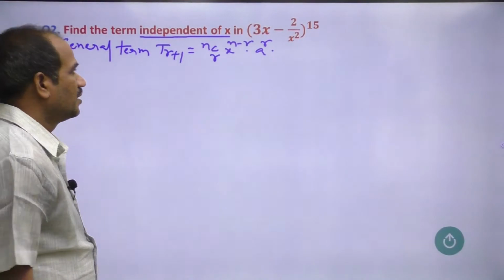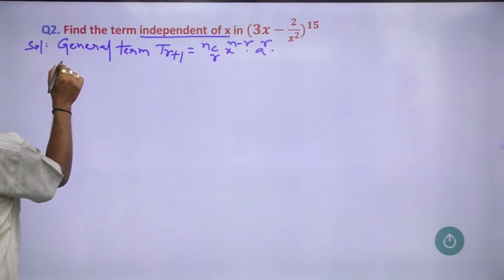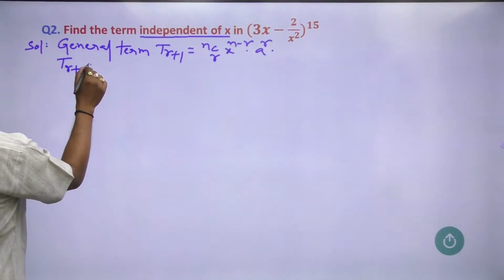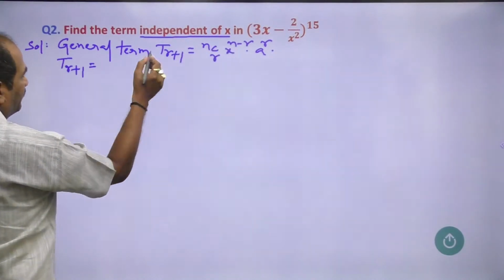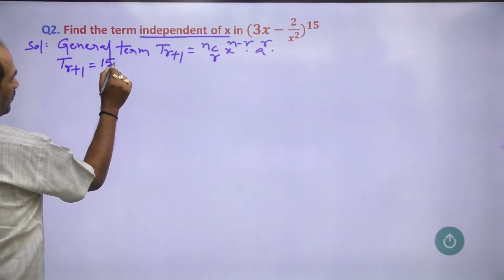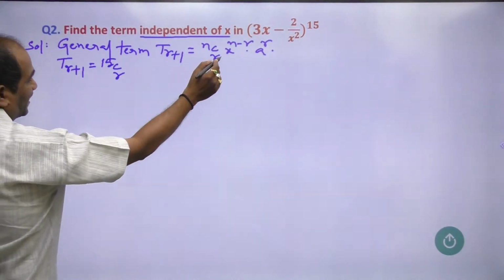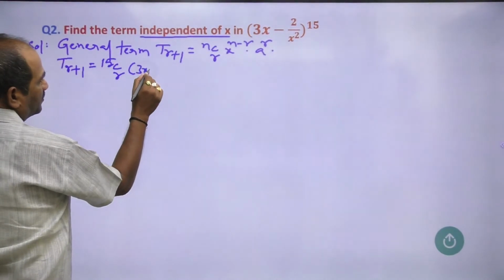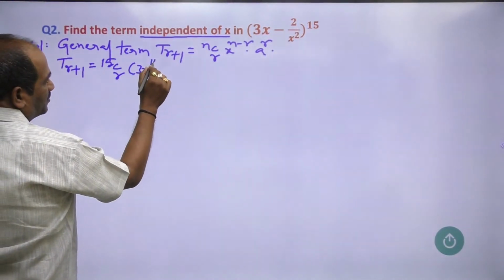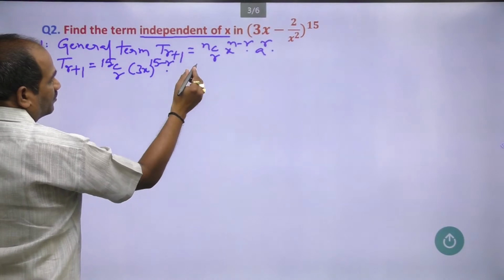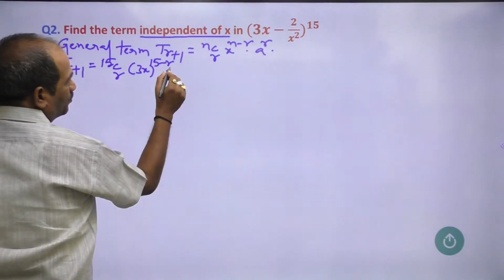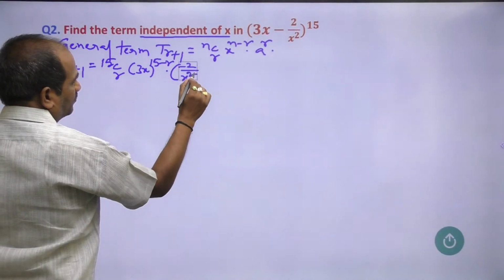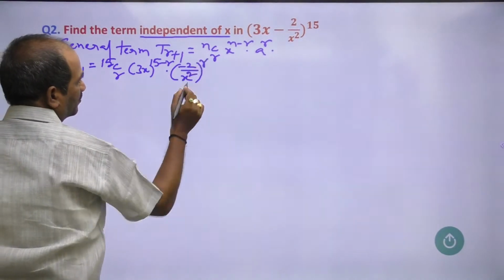So t r plus 1 is equal to 15 C r into (3x) whole power n minus r, that is 15 minus r, into (minus 2 by x square) whole power r.